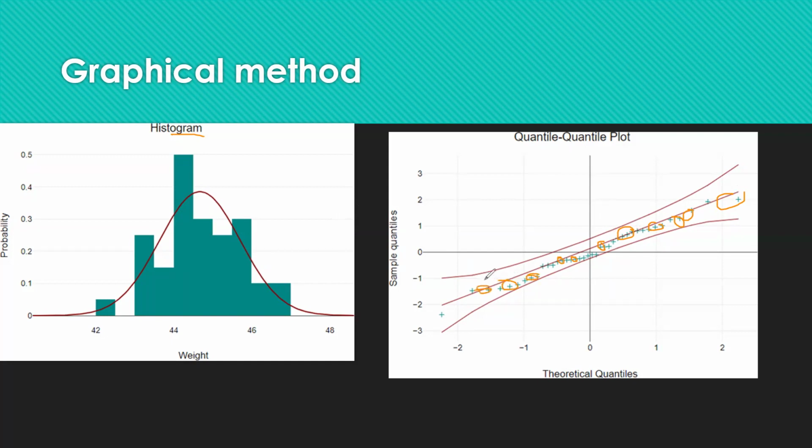So these are the ways in which the normal distribution of data is determined. Number one, as I said, we have the analytical methods, and under analytical, we have three methods. And then for the graphical, we have the quantile plot and the histogram. Although there are some limitations of using the analytical method, because the analytical method depends on the sample size.